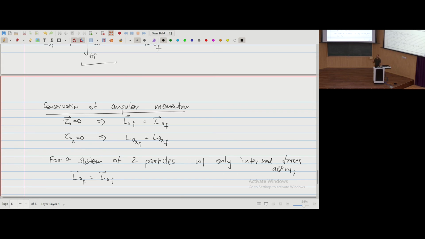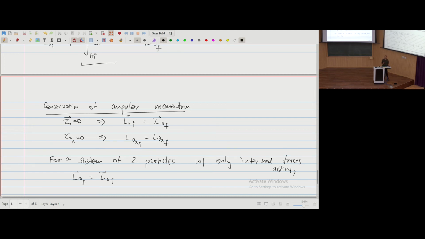You will see that the angular momentum is conserved for the system if only internal forces are acting. Does it matter if the internal forces are conservative or non-conservative for this to be valid? It does not matter.